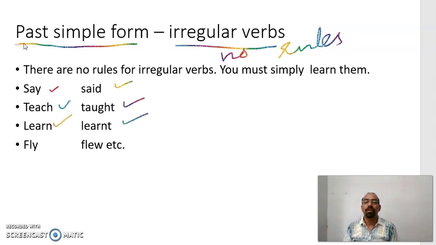Learn, learned. Fly, flew. And there are so many irregular verbs. Its past form is formed in a different way. But there is no rule for forming the past form. We have to learn it through practice.